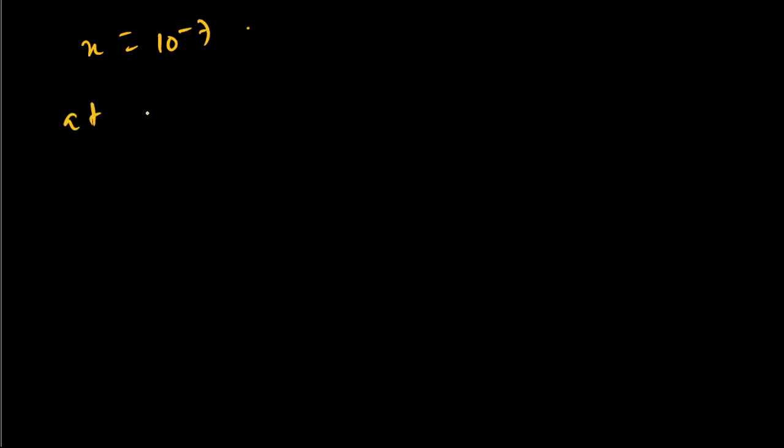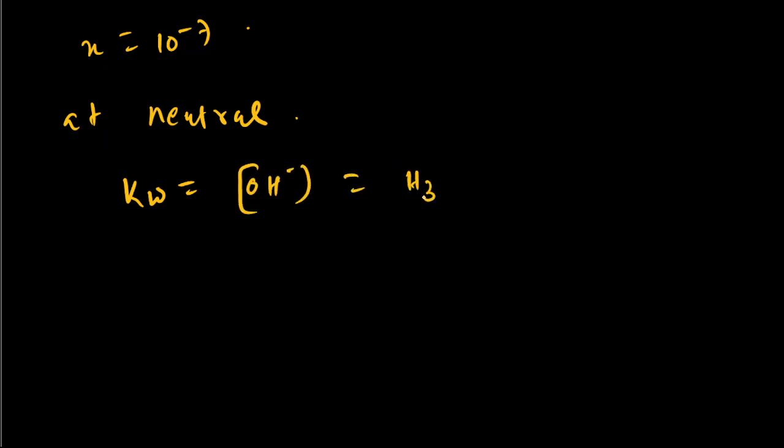So at neutral, OH minus concentration equals H3O plus concentration, and that is equal to 10 raised to minus 7.